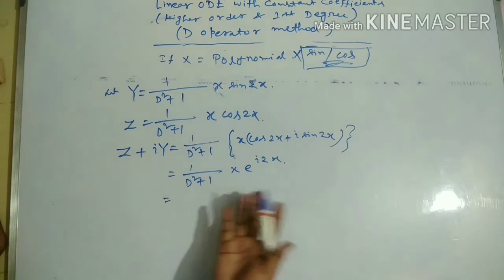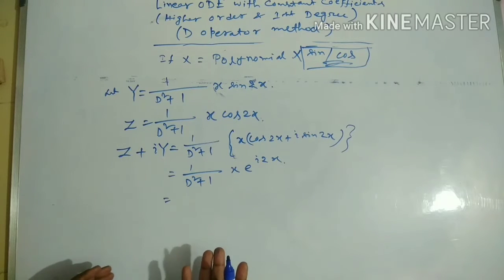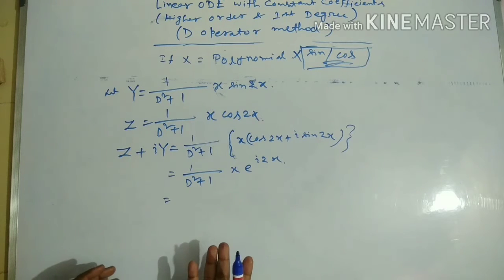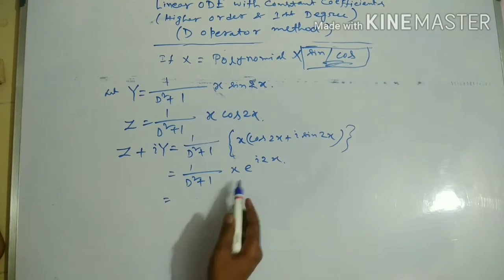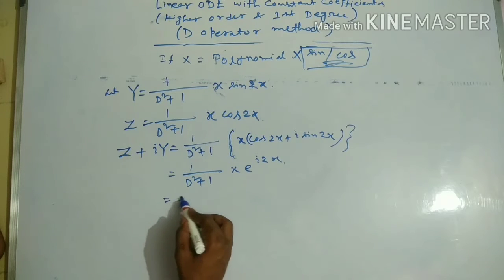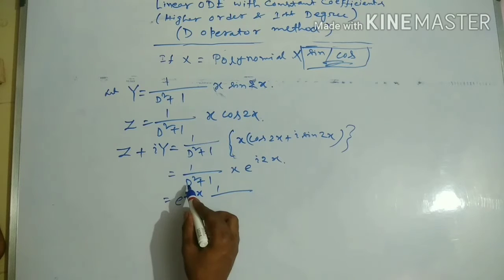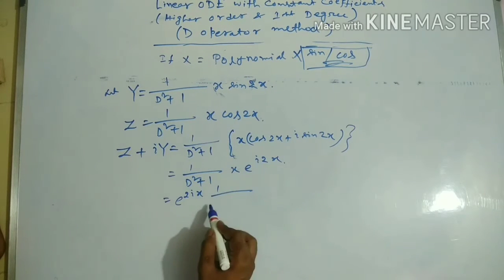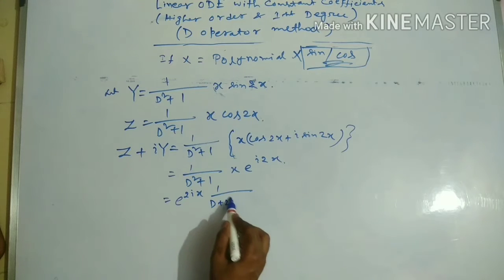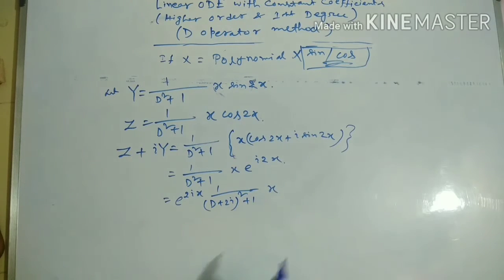Now this is a product of an exponential function and a polynomial, and to solve it I will use the method I discussed just before this. So it will be e to the power 2ix times 1 by, in place of D we put D plus a. Here a is 2i, so it will be D plus 2i whole square plus 1, operating on x.